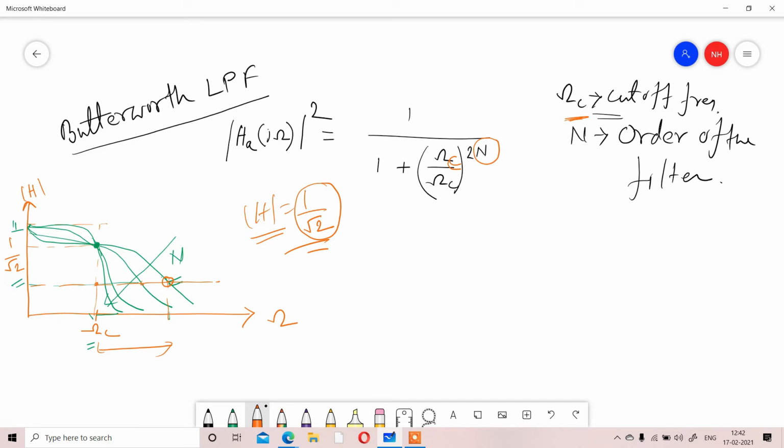But as you increase the order of the filter, you can check that the transition band is reducing. That means to reduce the transition band, you need to increase the order of the filter.